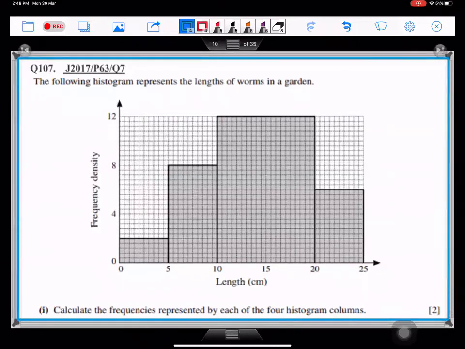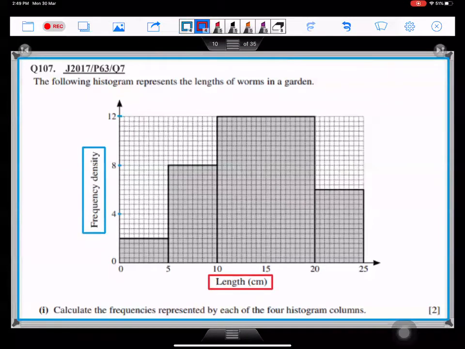Past paper question. The following histogram represents the length of worms in a garden. Calculate the frequencies represented by each of the 4 histogram columns. Very simple. Just read the scale properly. This is 4, this is 8, this is 12, this is frequency density. And this is the length in centimeters.